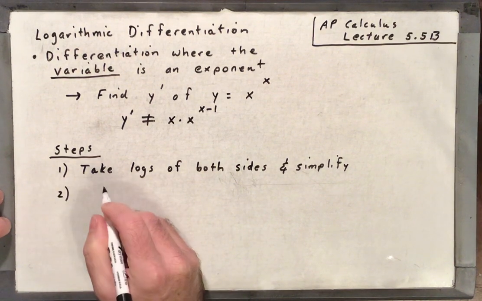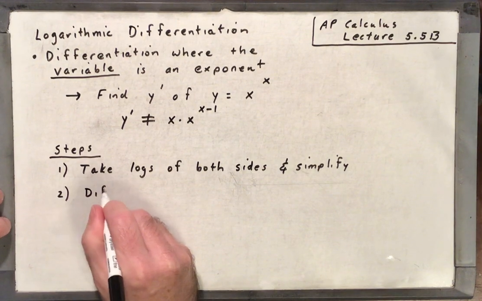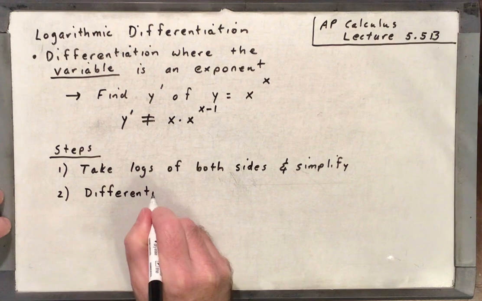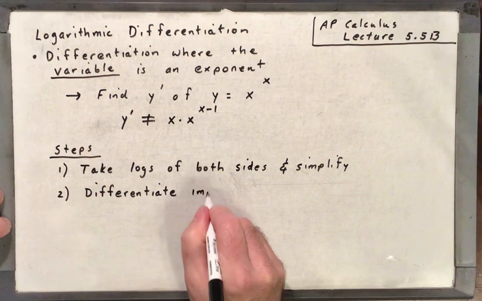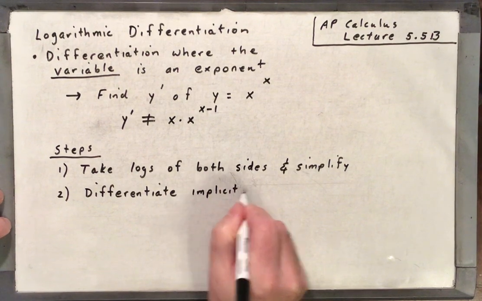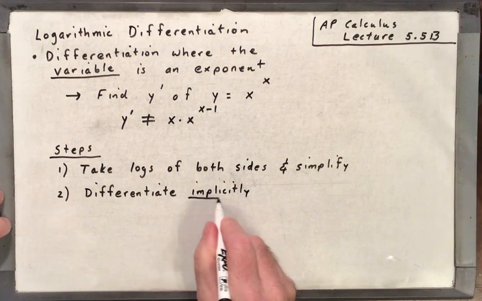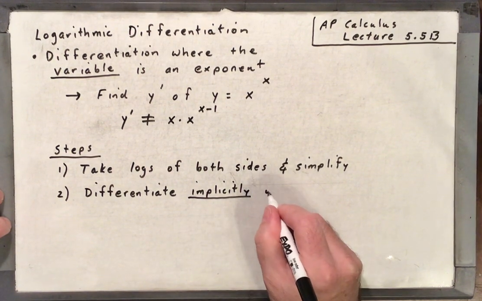All right, step 2 is we're going to differentiate implicitly with respect to x. That should ring a bell when we start to do it.